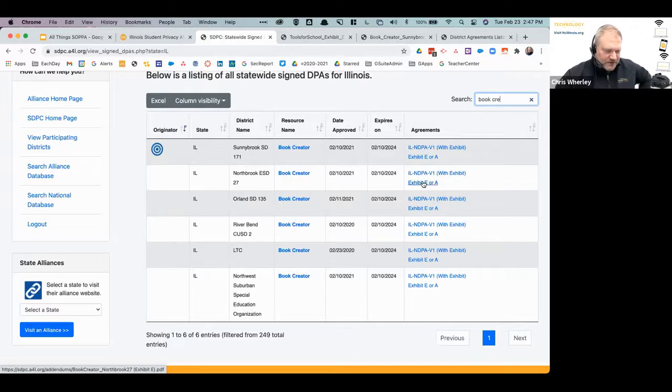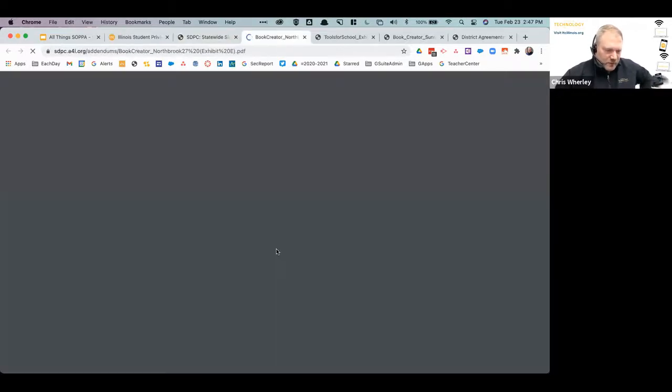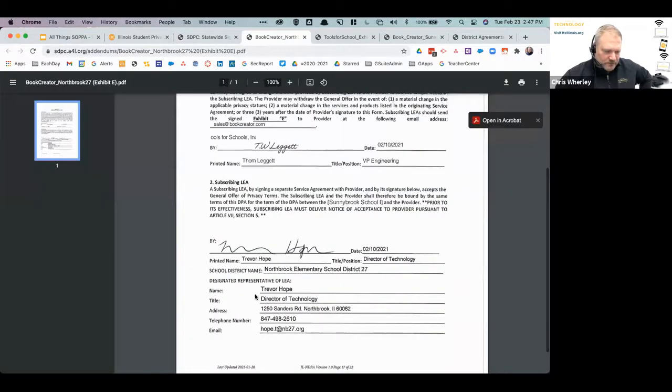But the Exhibit E should be the signed information for Northbrook. So the bottom should be signed by Northbrook. They've uploaded that document. And then if everything's working right, it should email to sales if that was provided by the originating district.